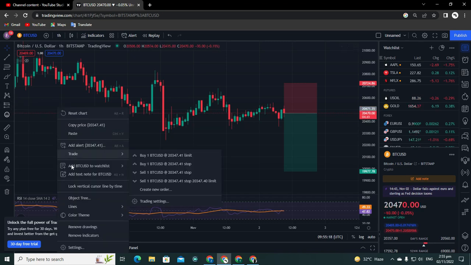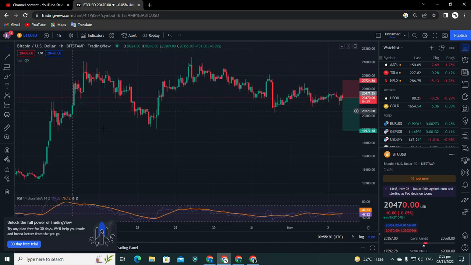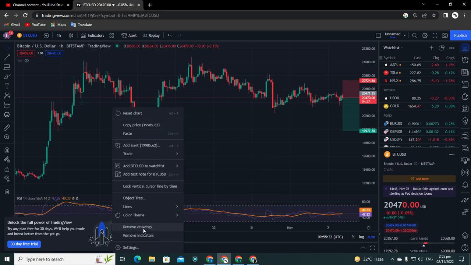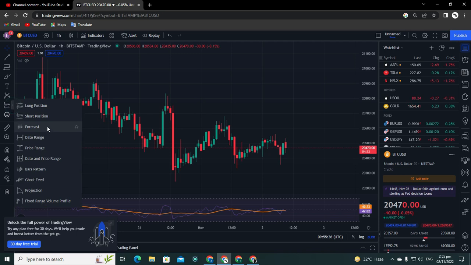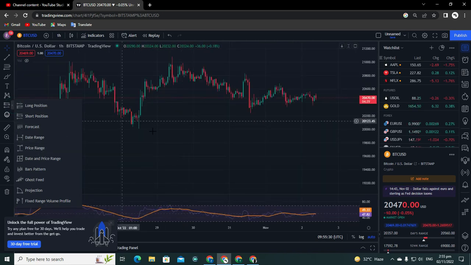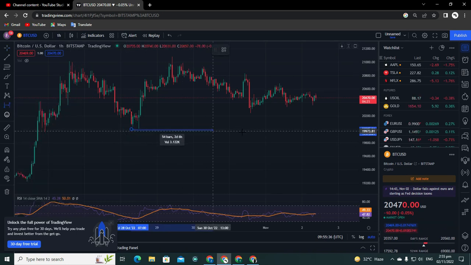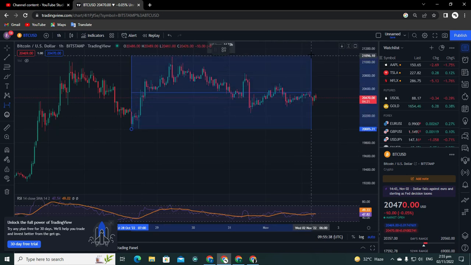Okay. So the next thing that comes is reset chart, clear drawings. Okay. So the next thing we have is date range and price range. If you try to consider a particular period of time, you can click on date range from here to, for example, this point.